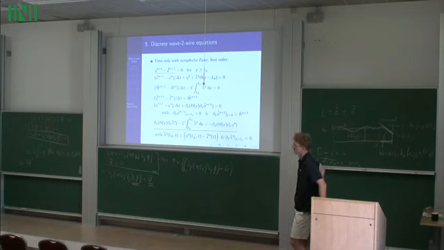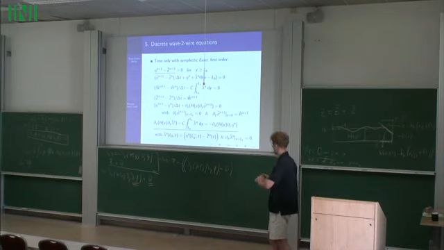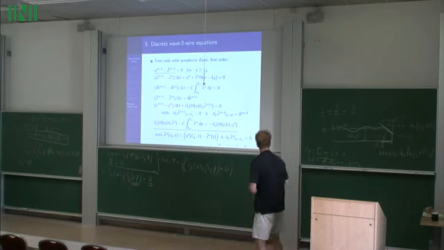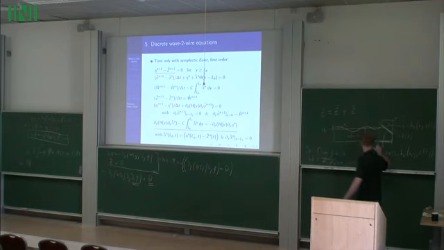But do you think that the order reduction in time could have to do with this constraint, or you don't? I don't know. I think it's to do with this interface condition. That's my hunch.